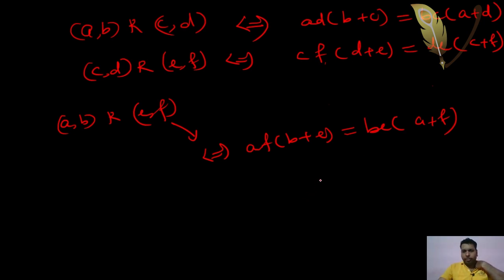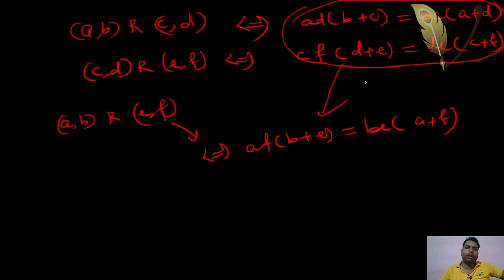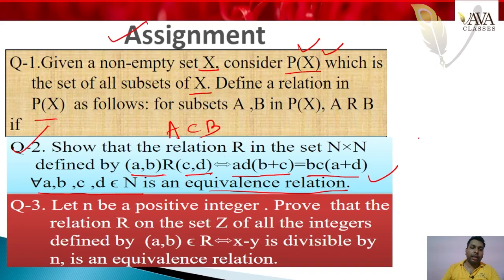Okay, af(b + e) equal to be(a + f). By simplification from these two relations, if you simplify, we can prove this. Okay. So you try to solve yourself. Otherwise, we will solve this in the after classes. Just multiply and simplify, you will reach it here. So it is an equivalence relation.